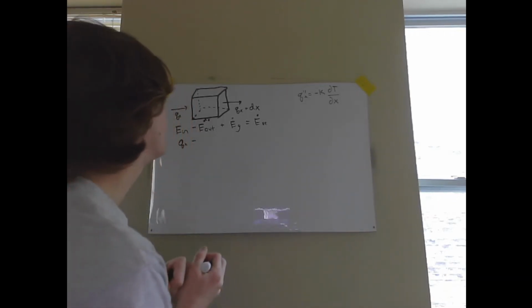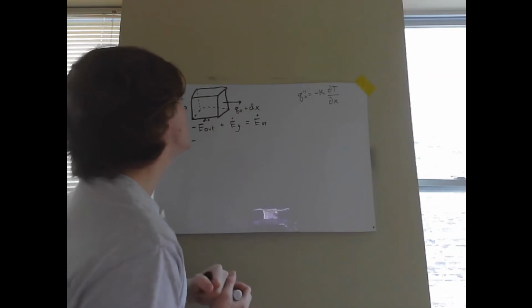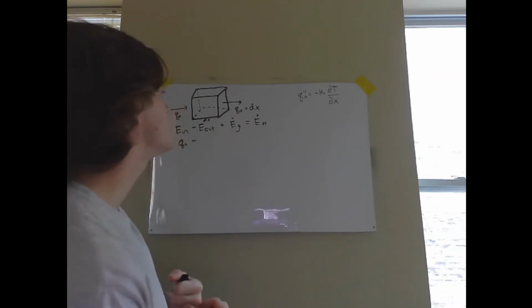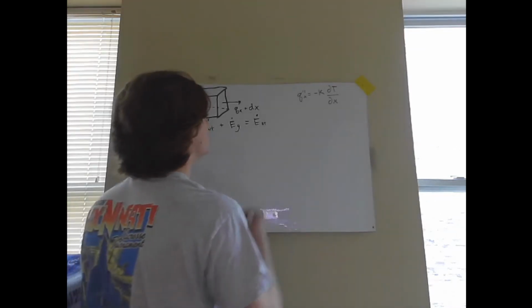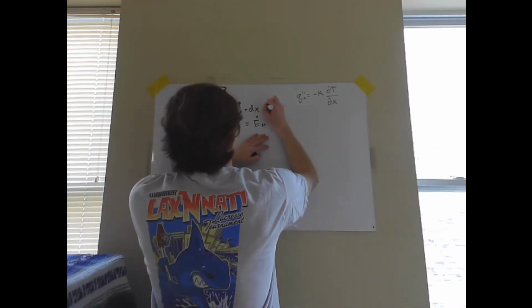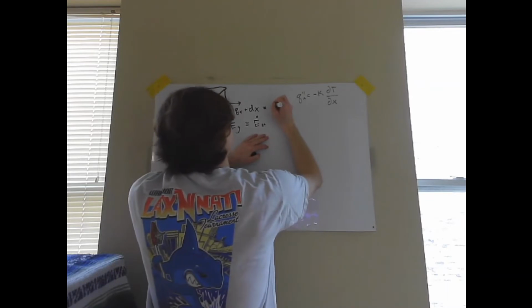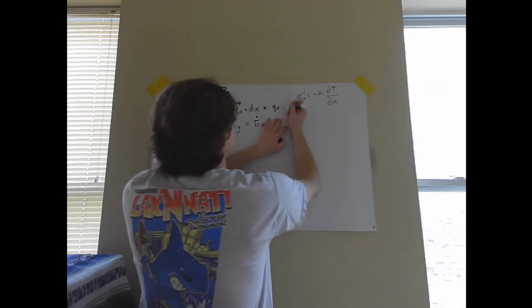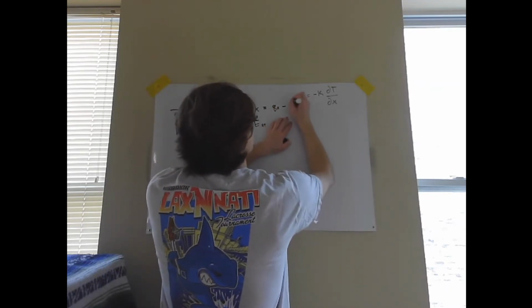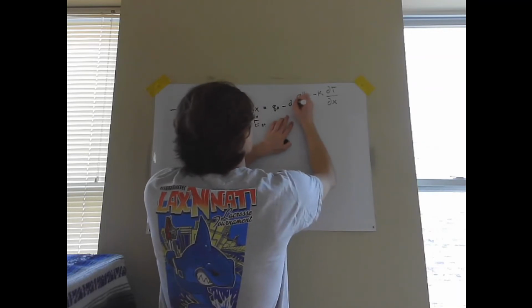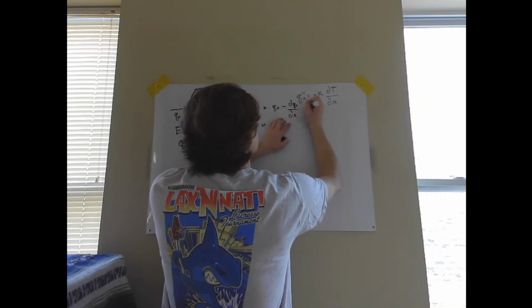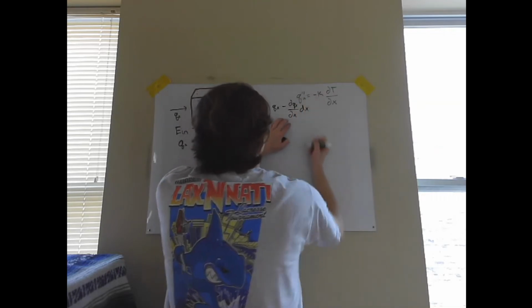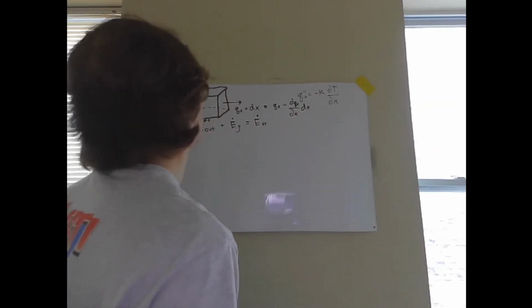And so for our energy going out, we have this term, and we can actually rewrite this using a linear approximation with a Taylor series. And so this energy out can be rewritten as our heat flow minus the partial derivative of our heat flow with respect to x times the distance that we cover.